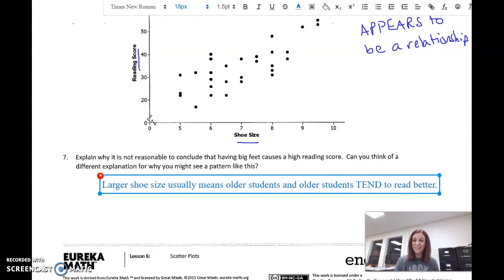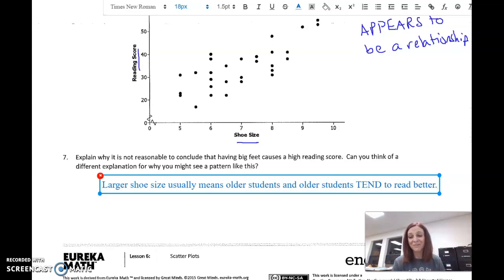Not always, but they tend to read better. Why? Because they're older, because they've been practicing it longer, right? So be very careful. Later on you'll learn this shows a correlation, but not necessarily a causation. There are some big terms you'll learn later on, because there does definitely seem to be a statistical relationship. But one variable in this case doesn't necessarily cause the other variable, okay?